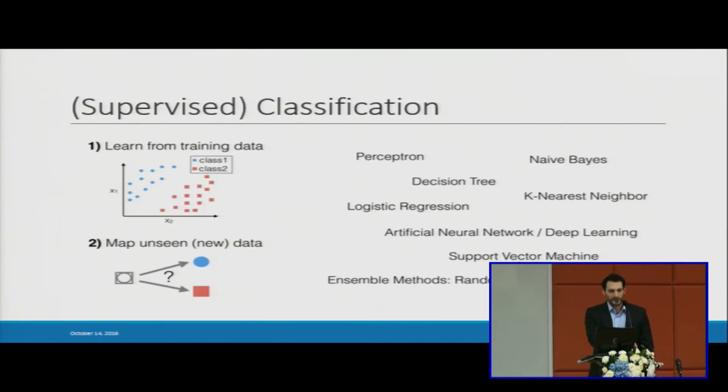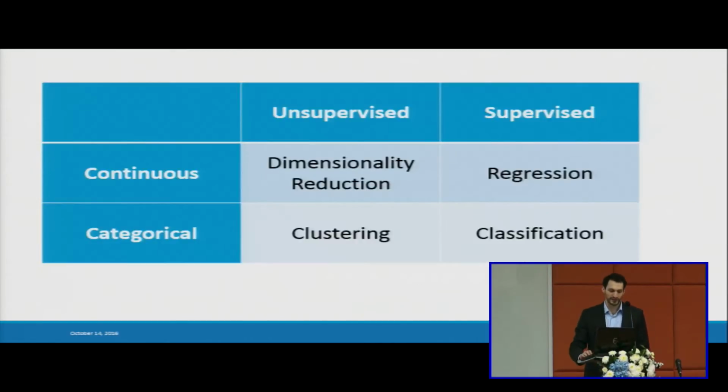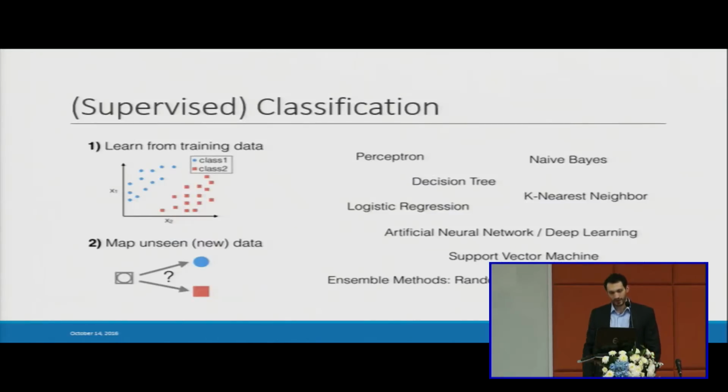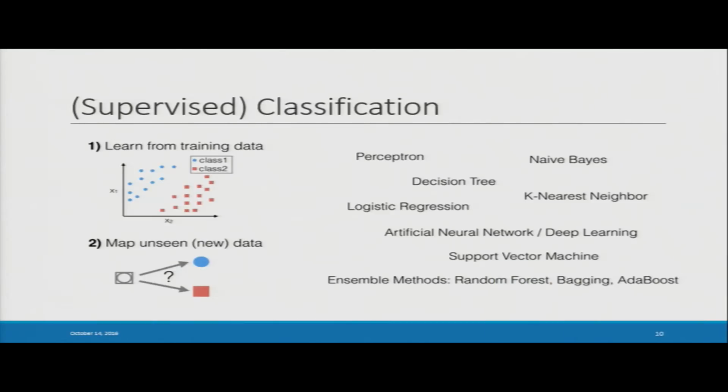So let's talk about supervised classification. Supervised classification is you have data and output, so it's supervised, and it's classification because you're looking at a categorical response. A categorical response can be yes or no, or A, B, C, D, a discrete number of outputs. Like I said before, you learn from the training data.